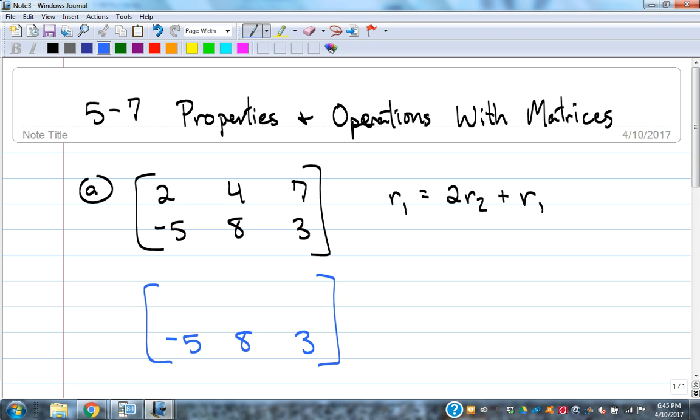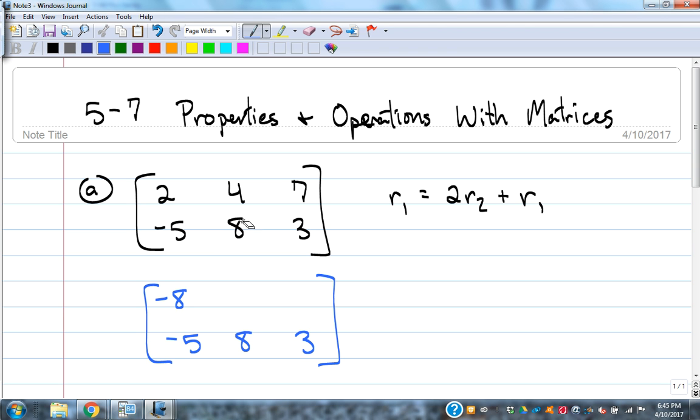So would you do that, get that answer? Well, I'm going to say, okay, 2 times row 2 plus row 1. So it's each spot. So we look here, we got a row 2, -5. We'd say that times 2 is -10. Plus 2 would be -8. And that's what's in the first spot for row 1 is -8.